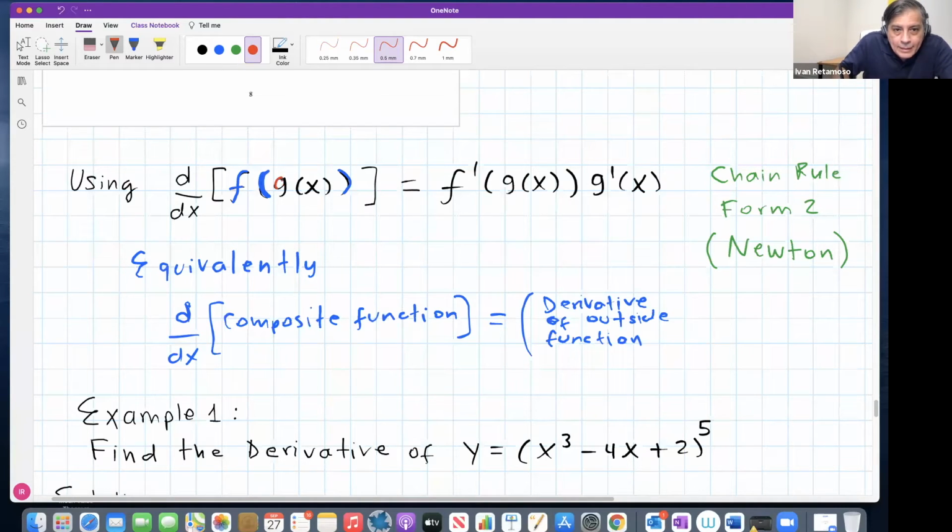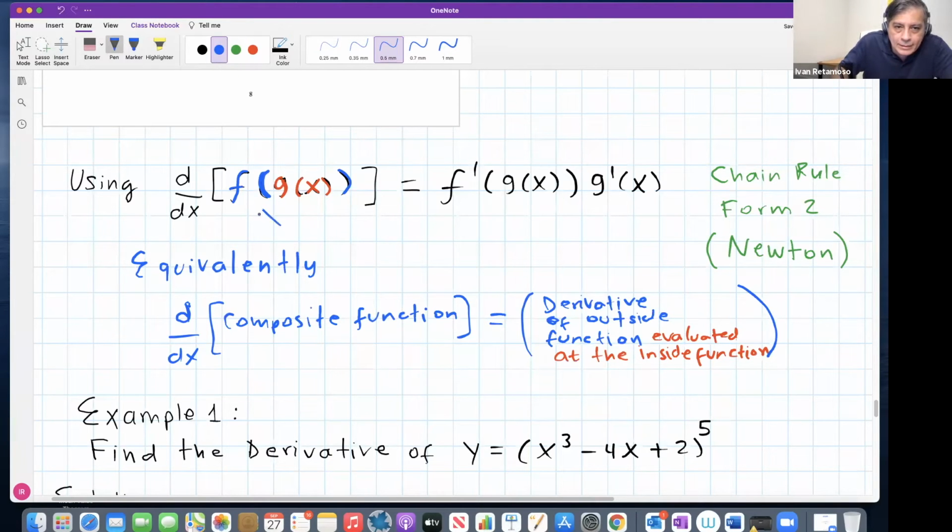Evaluated at the inside function. You keep this inside function as it is. You leave this alone. Right? So evaluated at the inside function. Okay, so the derivative of the outside function evaluated at the inside function.